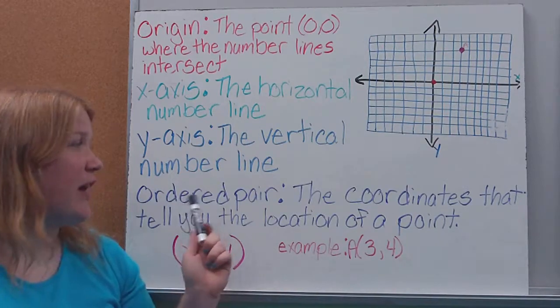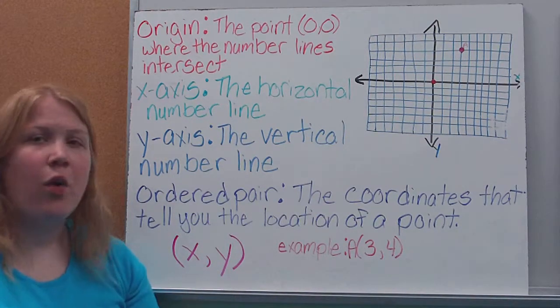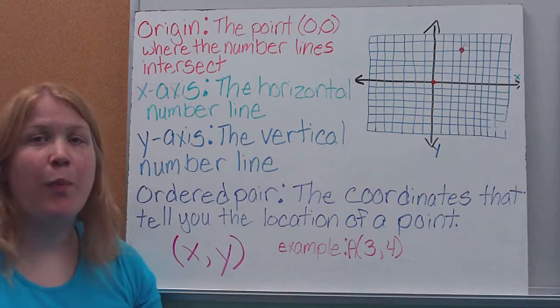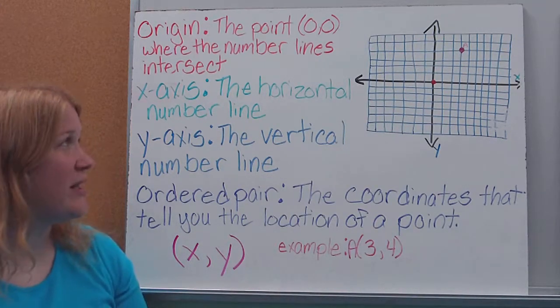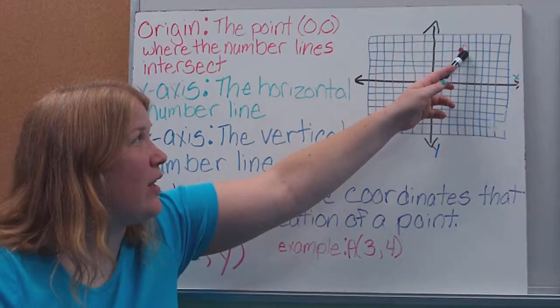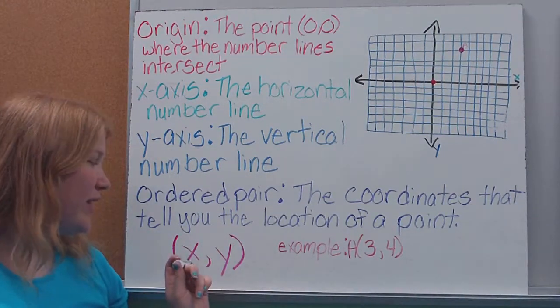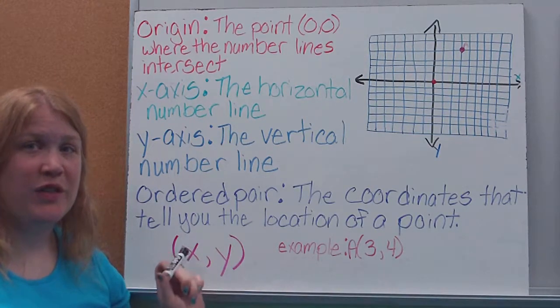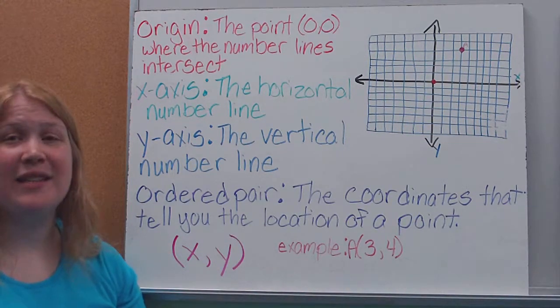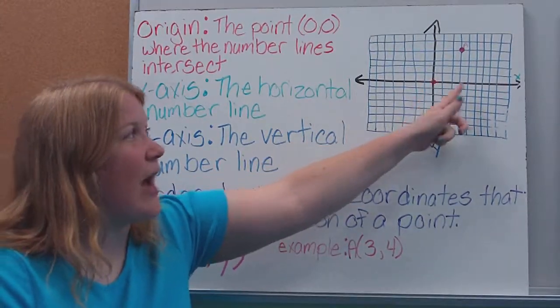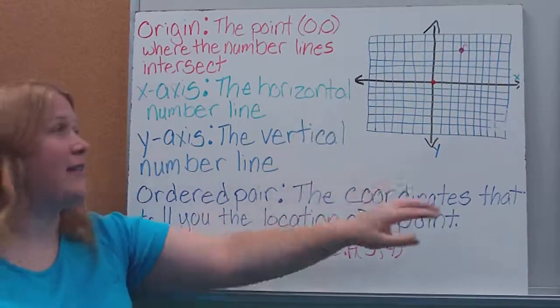The last thing I want to define is our ordered pair. An ordered pair is simply the coordinates or the location of a point. It tells me where the point is. If you look, I have a point here which I call point A. How do we list our ordered pair? We list it with our x value first and then our y value. So what I'm asking is how far over on the x-axis is it?